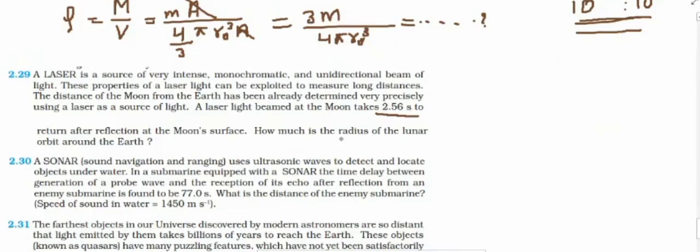How much is the lunar orbit, that is, what is the distance between Earth and the moon? We can use the formula R is equal to C, the speed of light 3 into 10 power 8, into T by 2. Why do we need to take T by 2? Because 2.56 seconds is the time for the light to reflect back to Earth. So substitute T by 2, then you can calculate the answer.